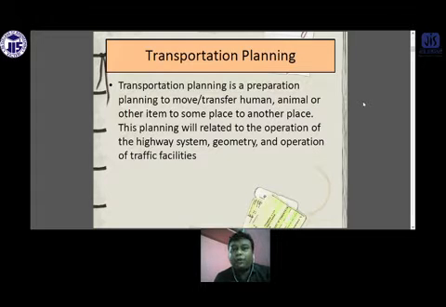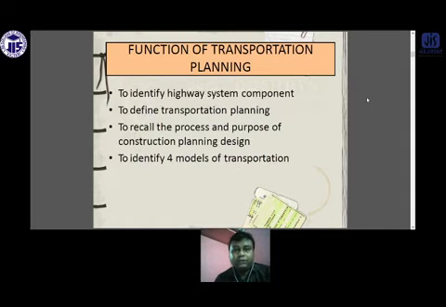So everything from your alignment to the final mode of movement is considered transportation planning. From these two terms, transportation and planning itself, you can understand what our point of discussion is today.